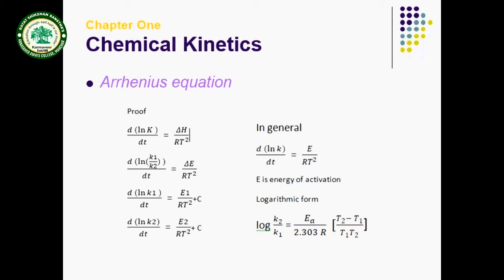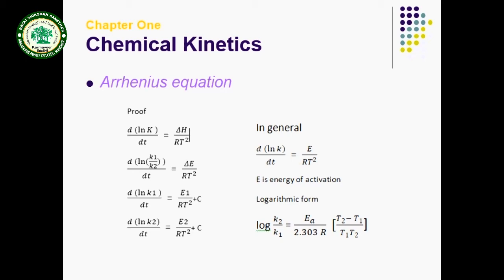So this form of equation is represented in general as d ln k by dT equal to E upon RT square. This is one form of the equation that we get, the differential form of the Arrhenius equation.